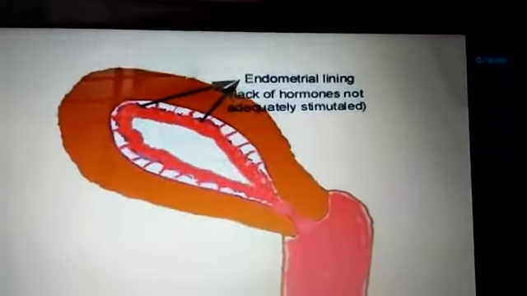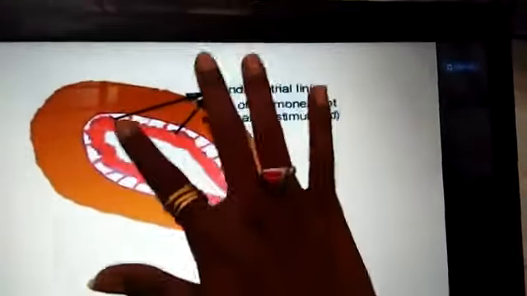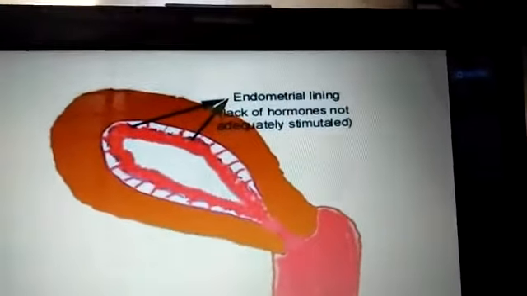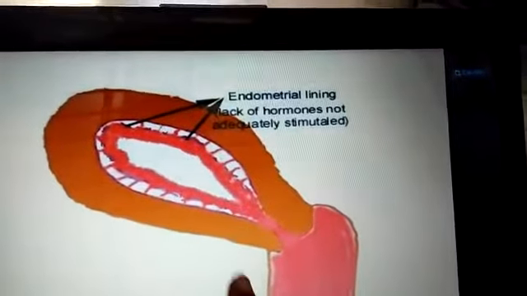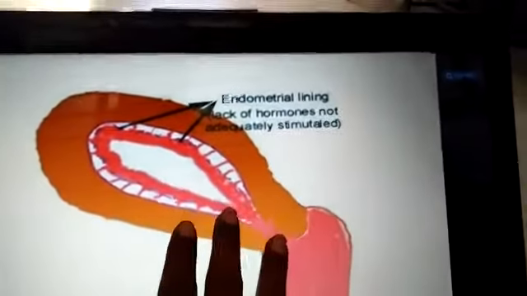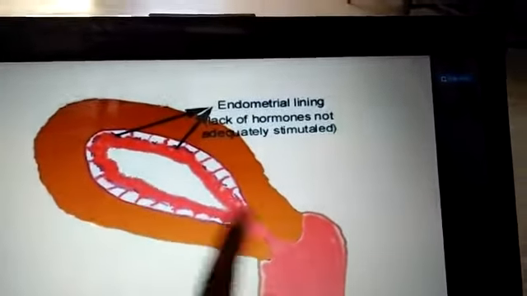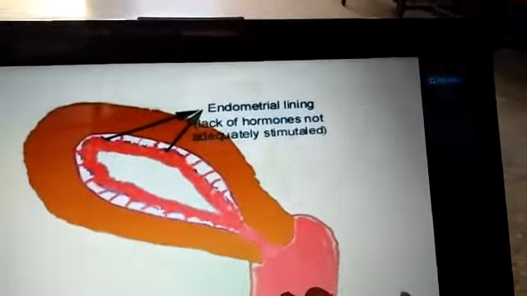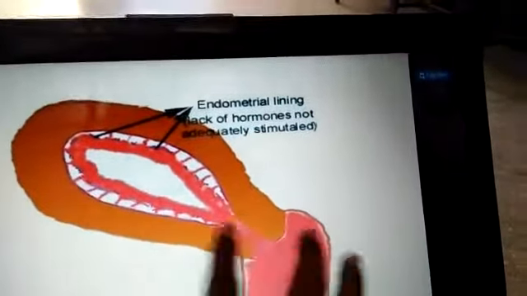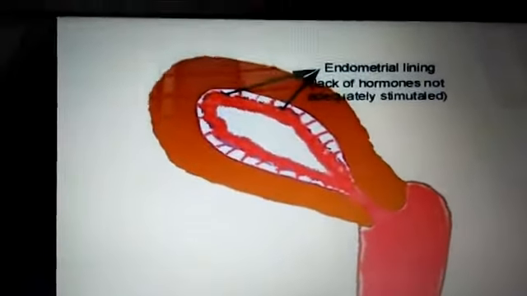And what is irregular shedding? The growth of the endometrium may take place equally all over, but if the proper hormones are not there, the growth is not of the quality present with normal hormones. So after 15 days this part sheds off, but this part remains, and after some more days the remaining part sheds. Clinically the patient presents with intermenstrual bleeding, bleeding in between.